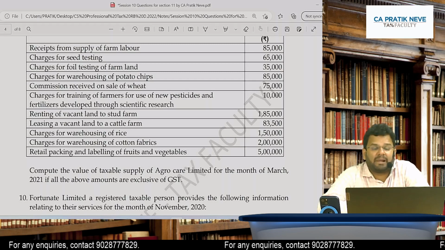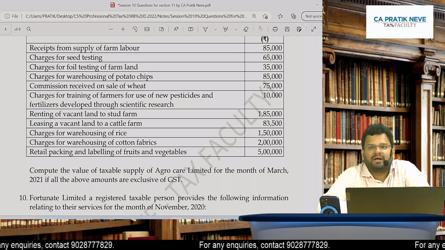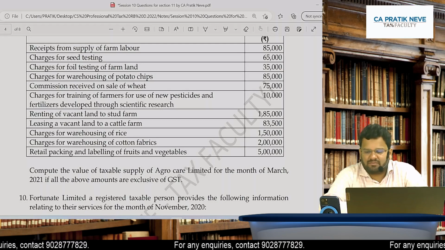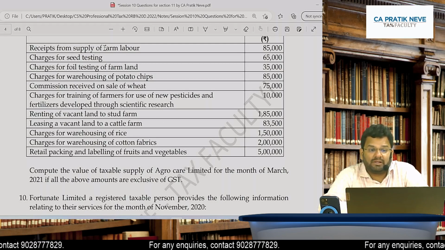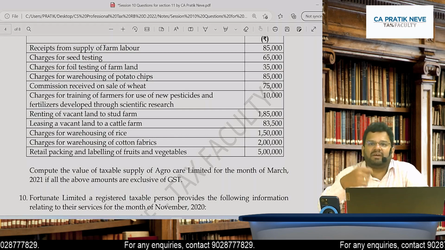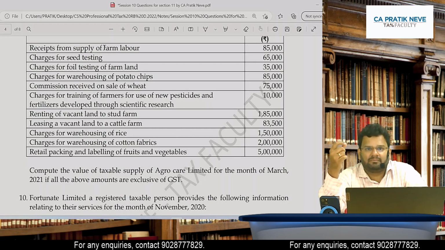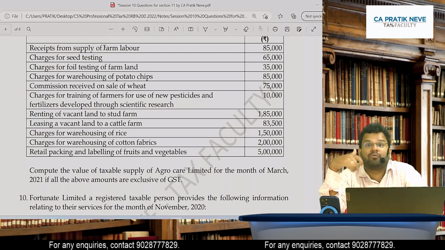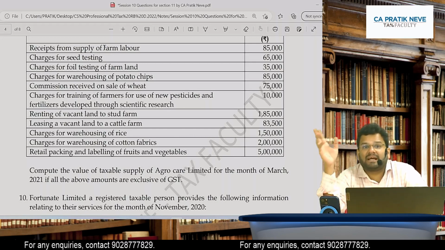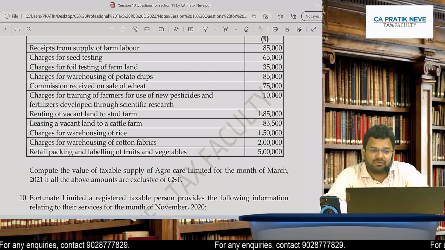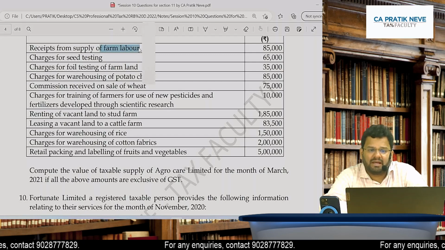Receipts from supply of farm labor. Now this is exempt. It's specifically given. Usually, giving labor will be taxable. Supply of labor will usually be a taxable service. But since it is farm labor, that farm labor specifically becomes exempt.